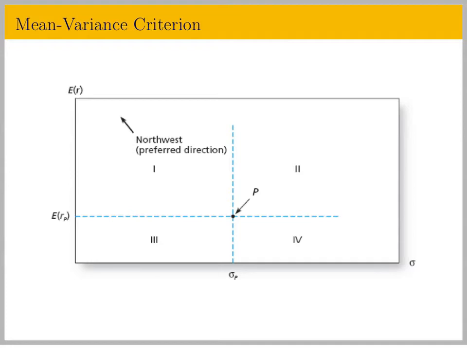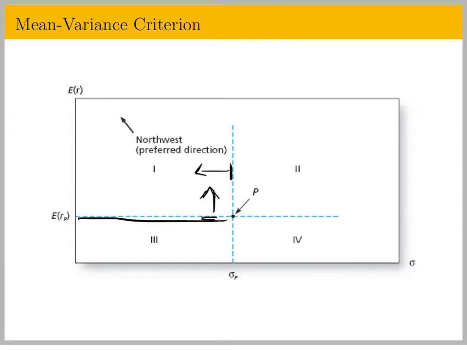Now, as we just argued, any portfolio that has an expected return that is greater than the expected return to P and a smaller volatility than the volatility of P will be strictly preferred.